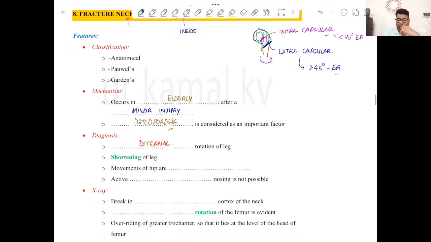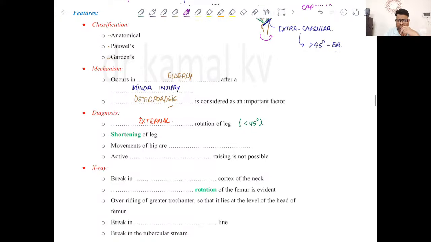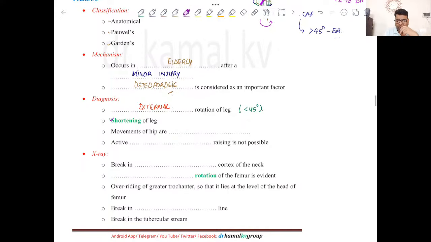So in intracapsular fracture, there is external rotation deformity of the lower limb, but the magnitude is less than 45 degrees because the capsule prevents free external rotation. Then there might be shortening, and of course the movements will be extremely painful.